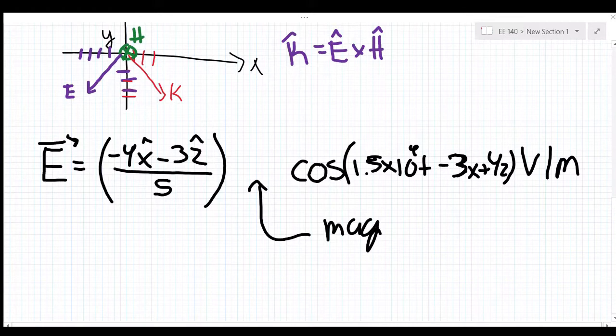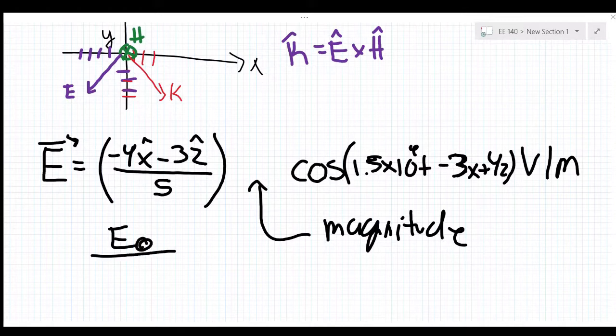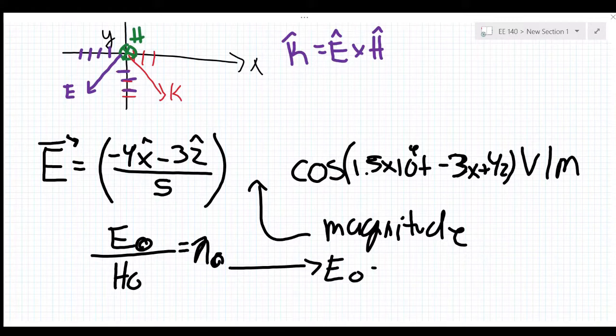Now we want to find the magnitude. The magnitude is equal to E naught over H naught, which is equal to eta naught. Eta naught is the wave impedance, and since the medium is vacuum, we know that the wave impedance is just equal to 377 ohms.